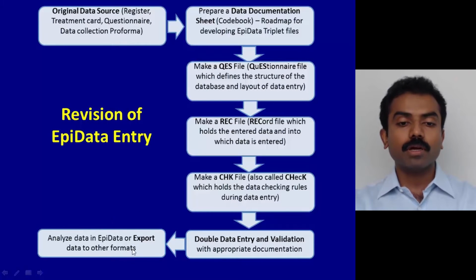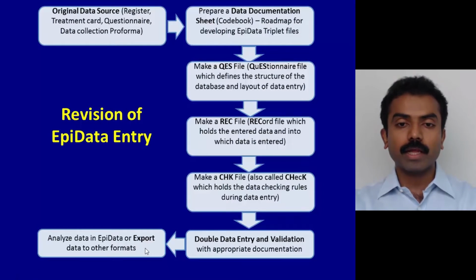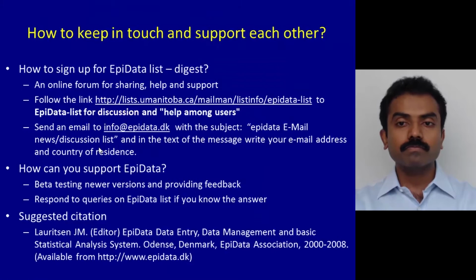And we also learned how to analyze, not analyze, but export data into other formats for analysis. Finally, we also learned how to safeguard our dataset by taking regular backups, as well as how to encrypt our dataset using a password.